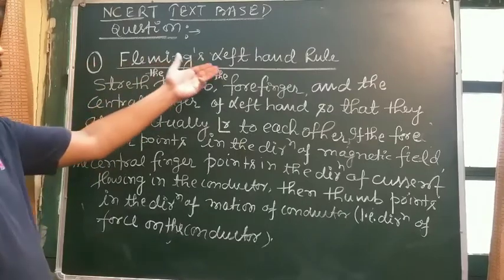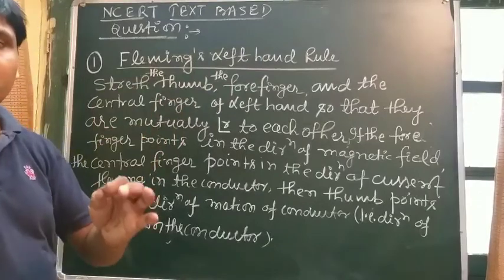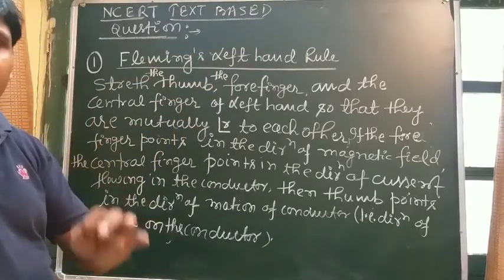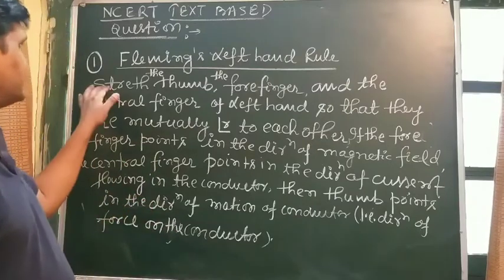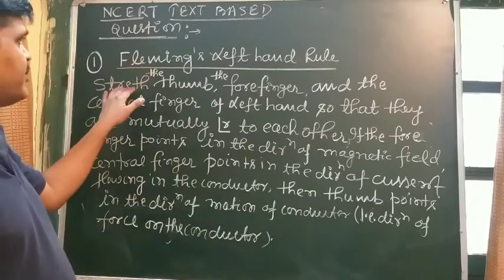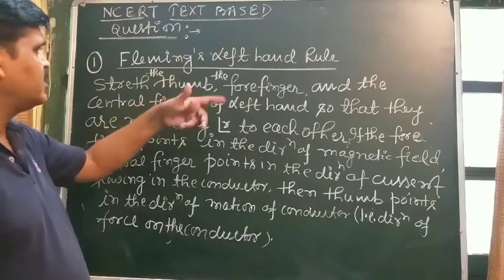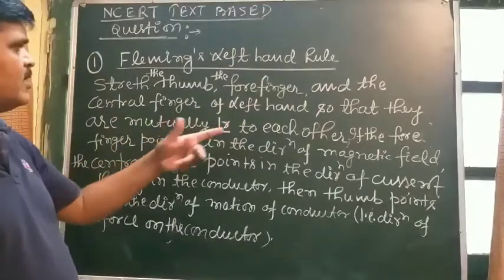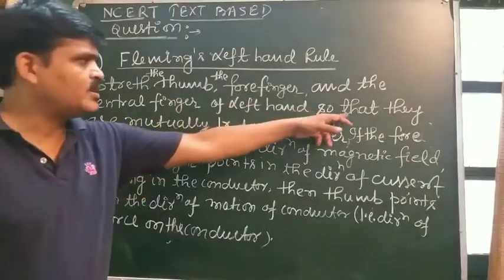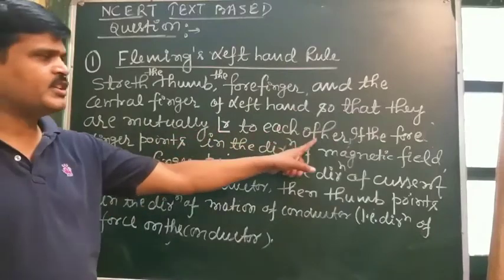Fleming's left hand rule can be used to find the direction of force on a current carrying conductor which is placed in the magnetic field. The statement is: stretch the thumb, the forefinger and the central finger of the left hand so that they are mutually perpendicular to each other.